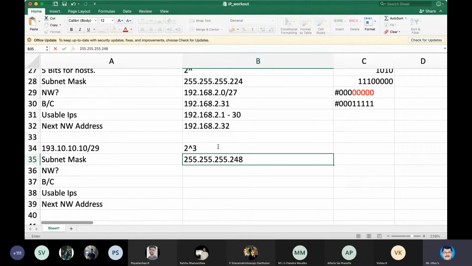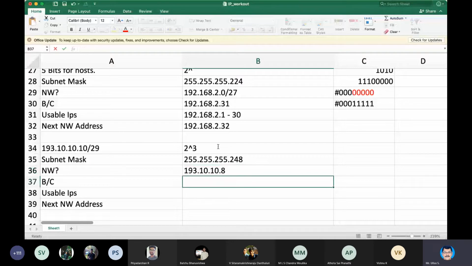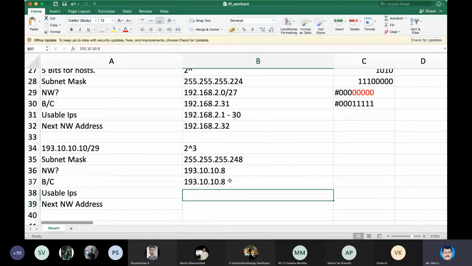Yes, sir. Network address is supposed to be 193.10.10.8. Broadcast address is 193.10.10.15.